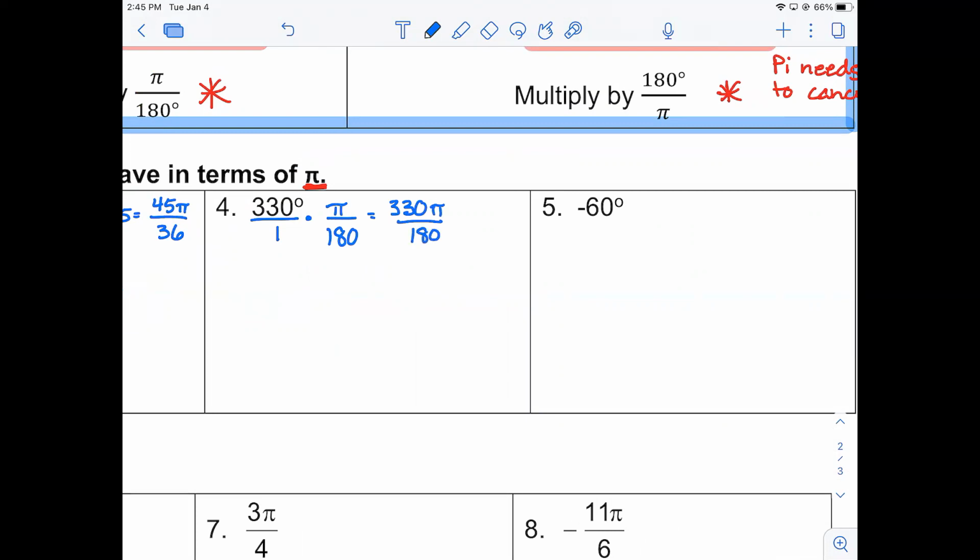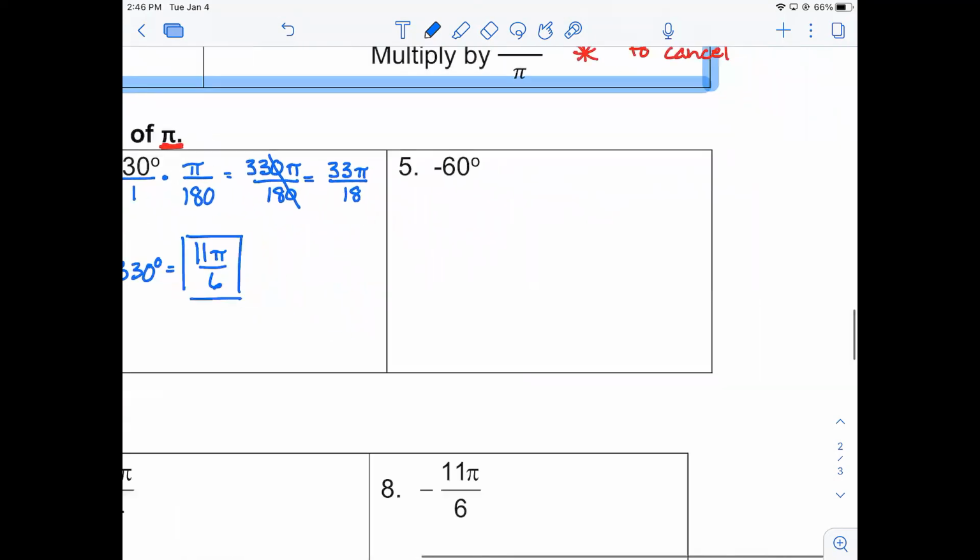The easiest thing for me to do is say I have 2 zeros, so if I reduce by 10, those zeros cancel out, and I have 33 pi over 18. Then 33 and 18 are both divisible by 3, so if I reduce, I get 11 pi over 6. So this one says that 330 degrees is equal to the radian measure 11 pi over 6.